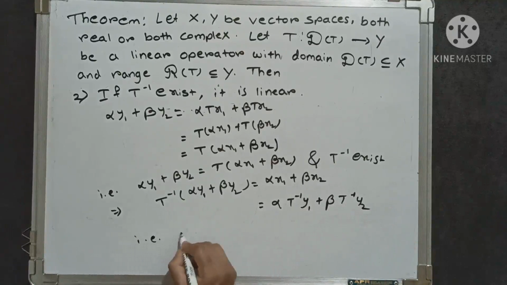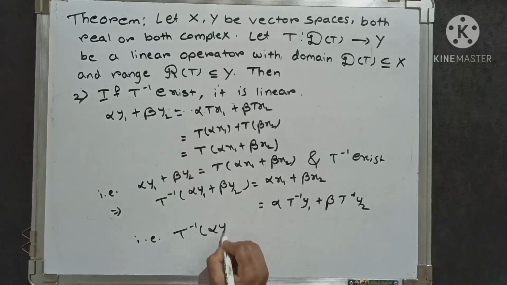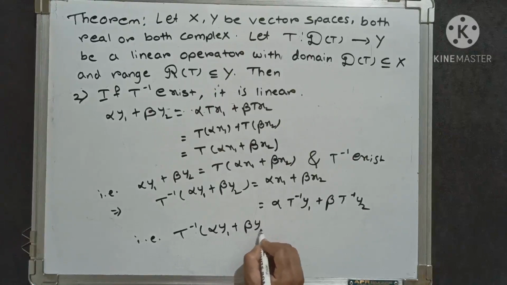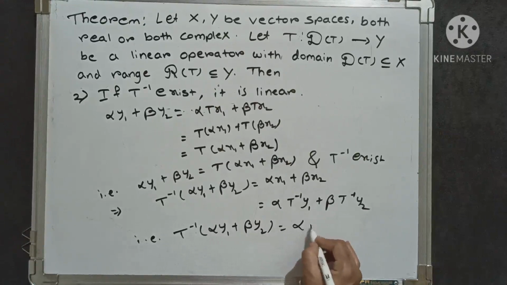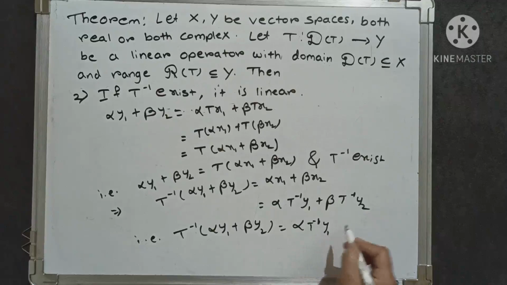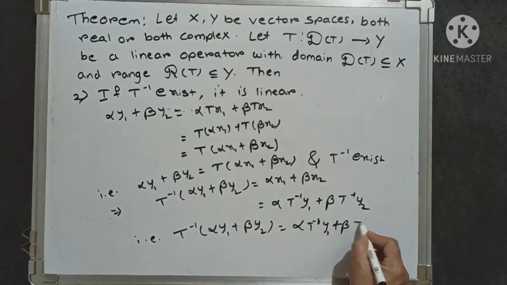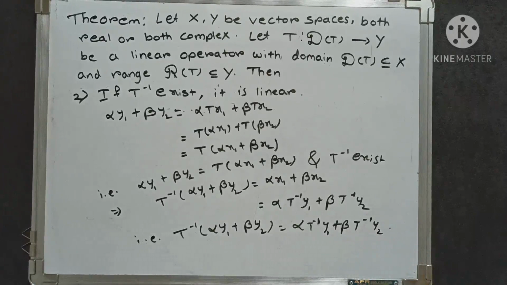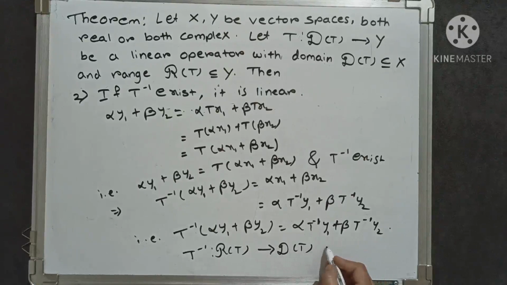That means T inverse of alpha y1 plus beta y2 equals alpha T inverse y1 plus beta T inverse y2. This is the condition for linearity. In this way, we get that the operator T inverse, which is from script R of T to script D of T, is a linear operator.